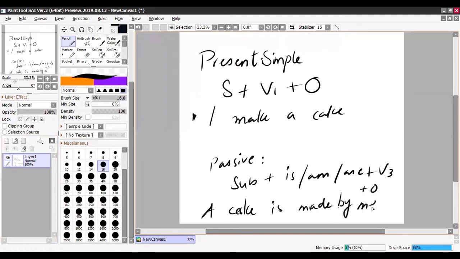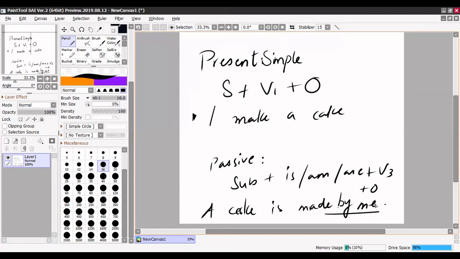So a cake is made by me. Another thing to remember is that we always use the third form of verb in passive voice. Alright, so I make a cake becomes a cake is made by me. We move on to the next tense.